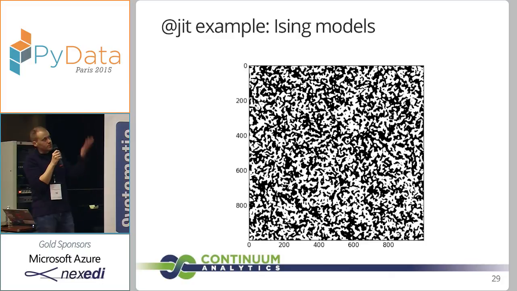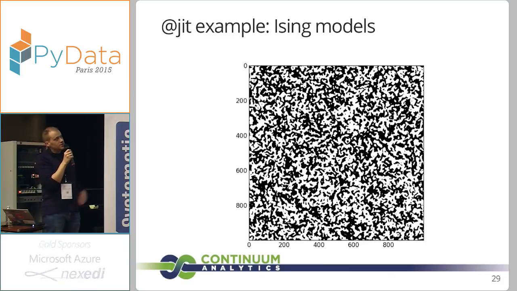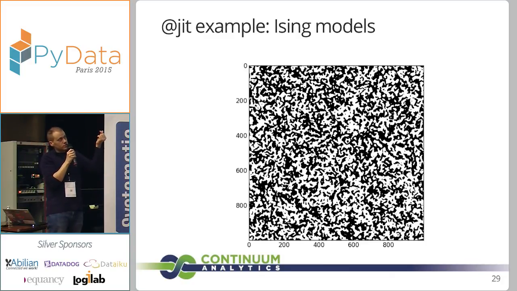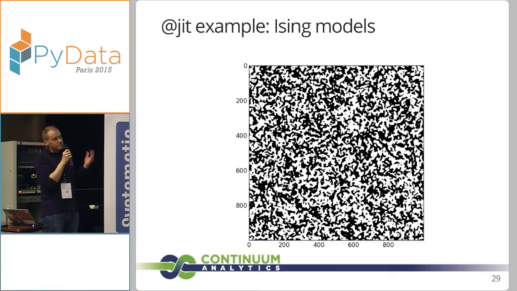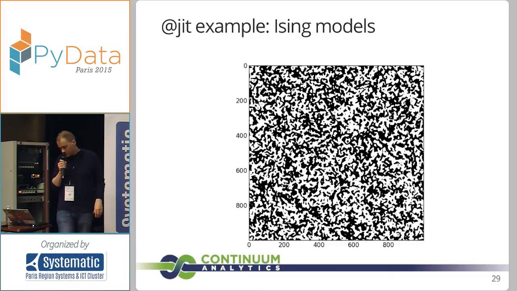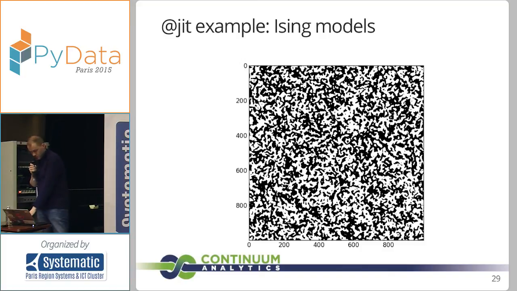You start, for example, from a random state. On each iteration, you evolve each element based on its neighbors. And there's also a random perturbation which adds a bit of noise to the mix. So this image was generated with Numpy or Numba.